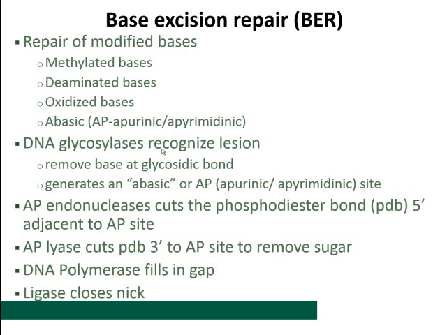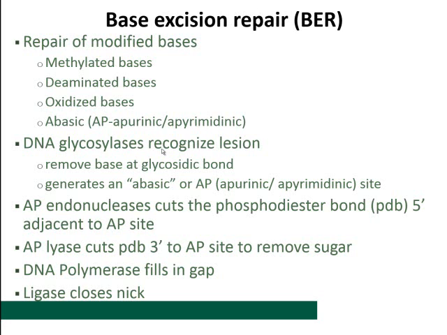The first one is called base excision repair, abbreviated BER. It repairs modified bases such as methylated bases, deaminated bases, oxidized bases, or even abasic, apurinic, or apyrimidinic sites. And this consists of a number of enzymes. For instance, glycosylases are enzymes that will recognize the lesion, and they will remove the nitrogen base at the glycosidic bond.